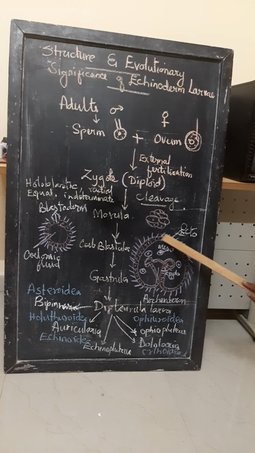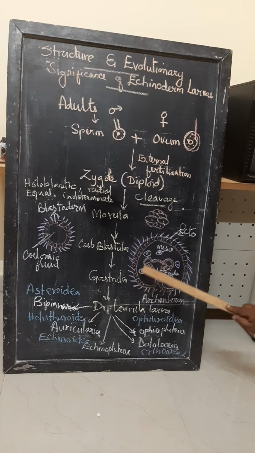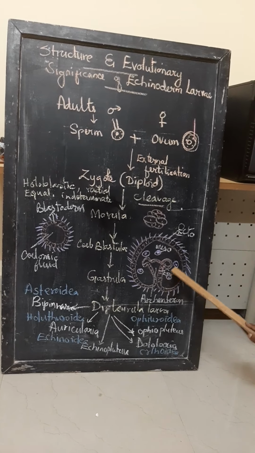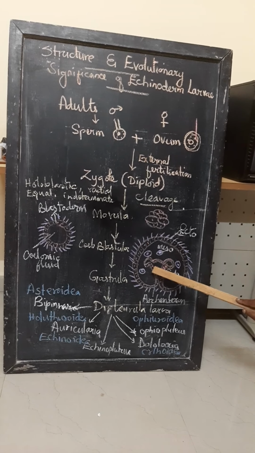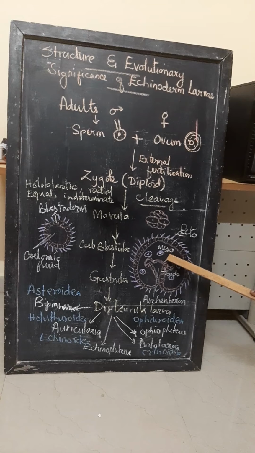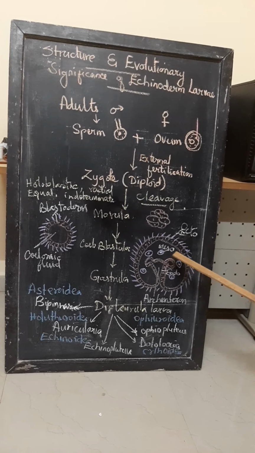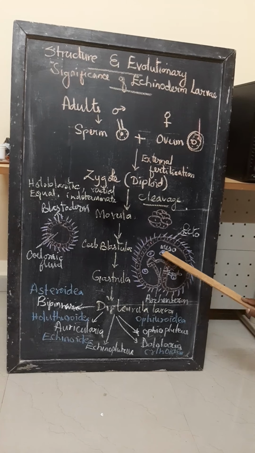The outer layer now is called ectoderm. From the endoderm layer, the cells separate out, which we call delamination, and they form a new layer in the center between the ectoderm and endoderm, which we call mesoderm. So three germ layers are formed, namely outer ectoderm, middle mesoderm and inner endoderm, for this particular stage of development.